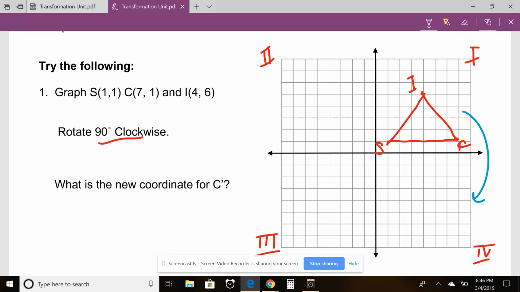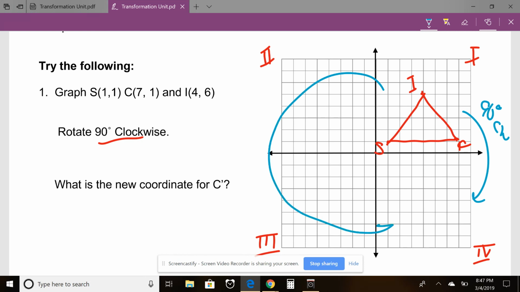Okay, 90 degrees clockwise. And also, keep note, 90 degrees clockwise is the same thing as 270 degrees counterclockwise.